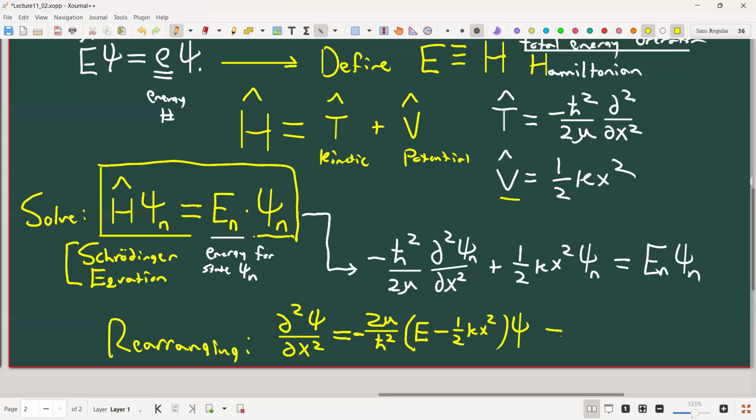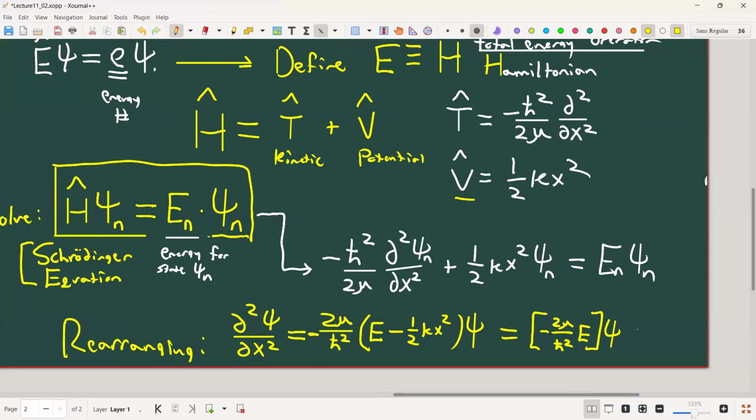Just kind of write it out like this. One of them is the wave function times a number. And then I also get the wave function back times x squared.